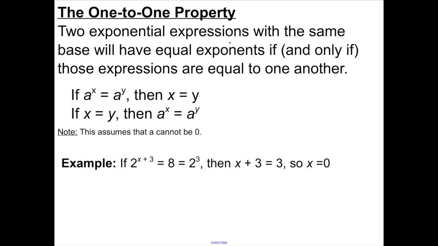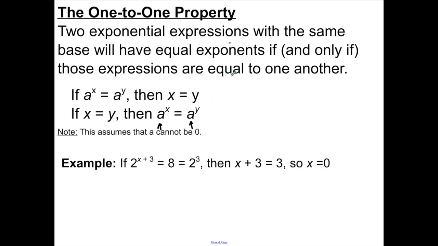So to break that down, what that means is if you have two expressions that are equal to one another and their bases are the same, then their exponents are also the same. And also, if you know that two numbers are equal to each other, then if you make them exponents of the same base, then these expressions will be equal to each other.